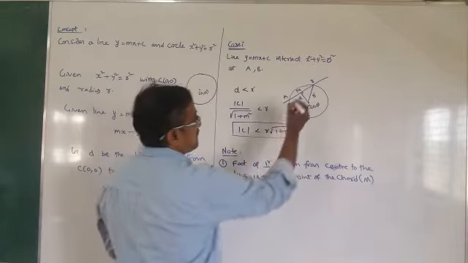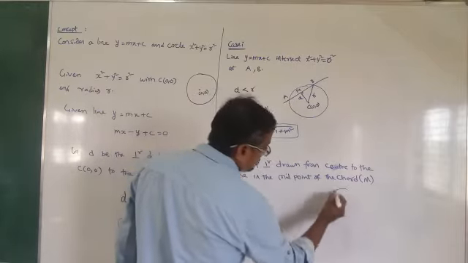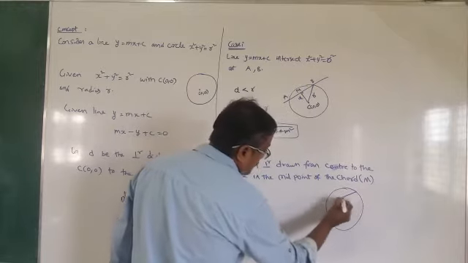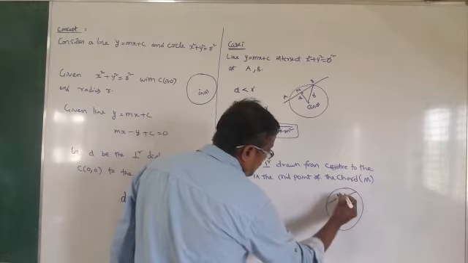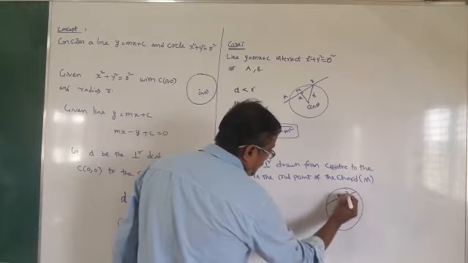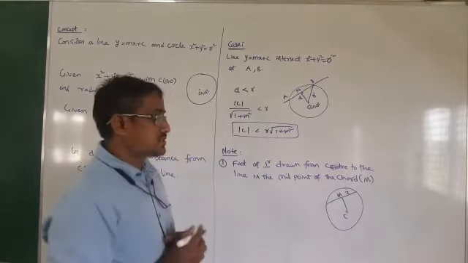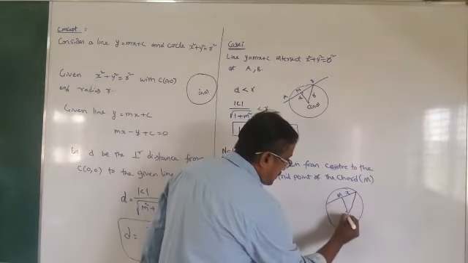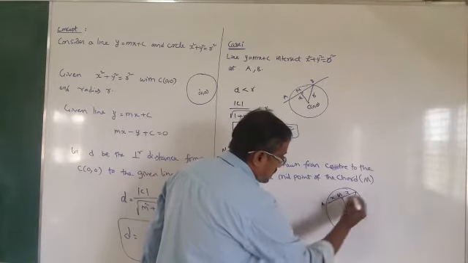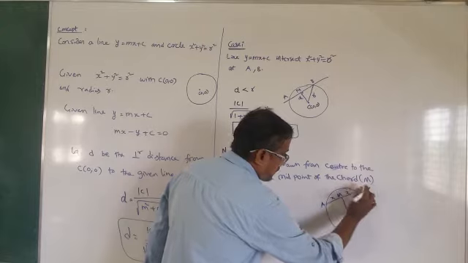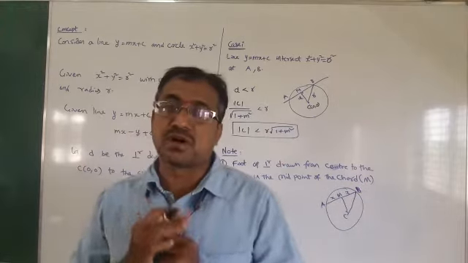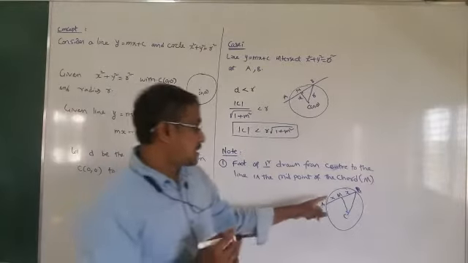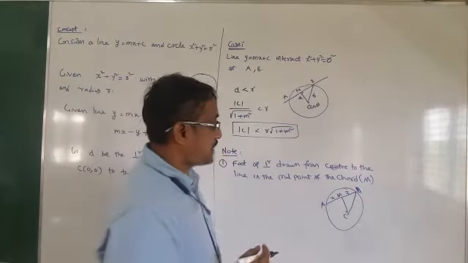So if it is the midpoint of the chord, and the total length of the chord is 2x, then AM or MB will be x.